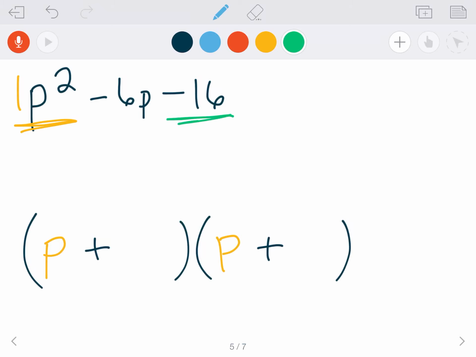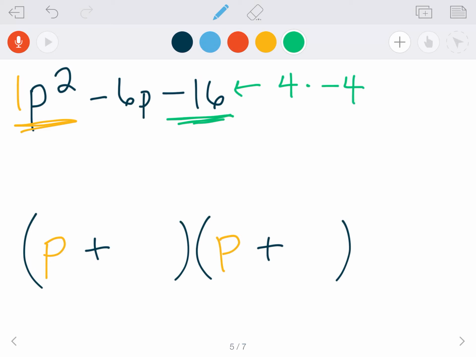Okay, let's bring our attention to negative 16, the constant term. Let's think about the factors of negative 16 that also add to negative 6. Okay, let's see. Factors of negative 16. We have 4 times negative 4.